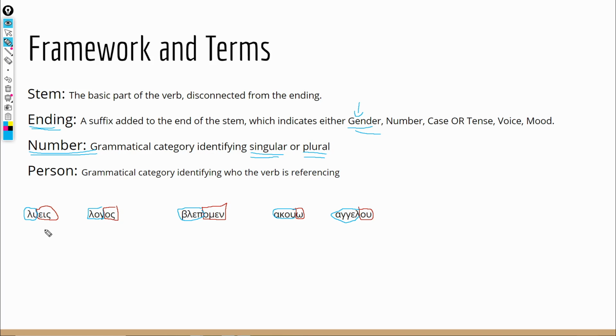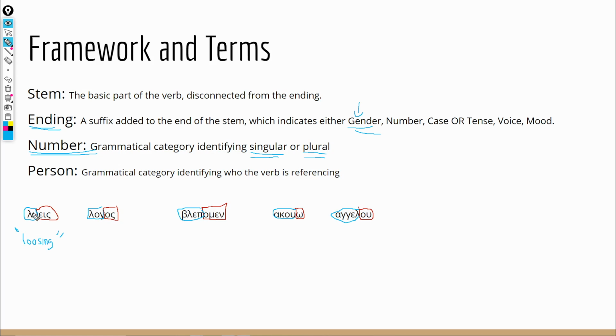The reason why I know that is because we take the stem, we know, okay, this is the word for loosing. But you want to ask, well, who is loosing? And how many people are loosing? And that's when you look at the ending then.